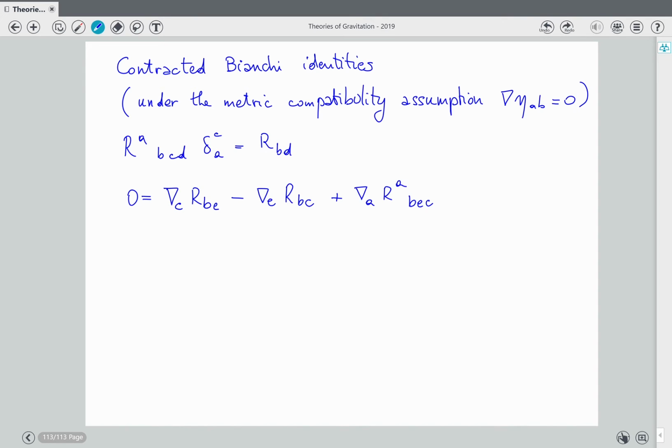Instead, if we want to get the second contracted Bianchi identity, we need to use the metric compatibility, that is the scalar curvature. So if we multiply here times eta BE, what do we get?